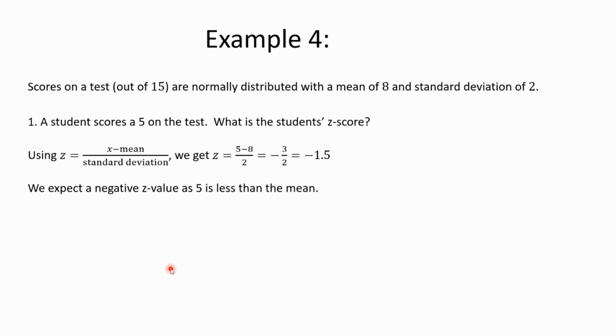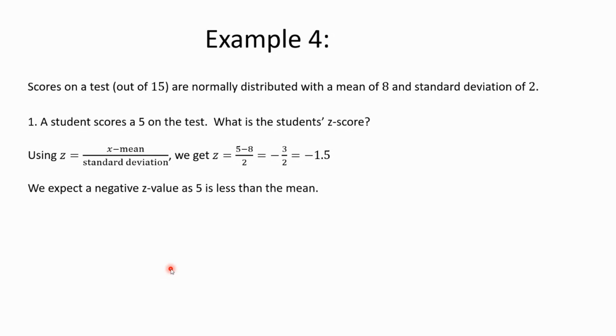So we have these test scores from a test that students took. The exams are out of 15, and those scores are normally distributed with a mean of 8 and standard deviation 2.